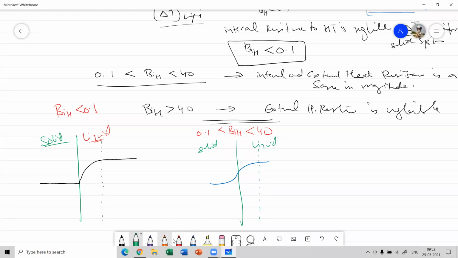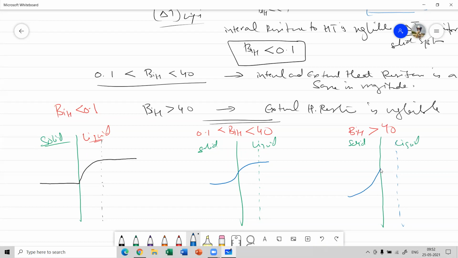And the third case is if the Biot number is greater than 40. So we have a solid and a liquid system. In such a case, if this is the film resistance, then this is the variation.